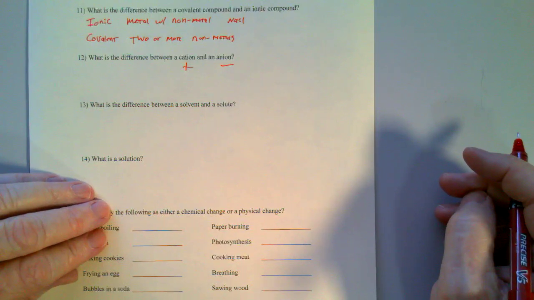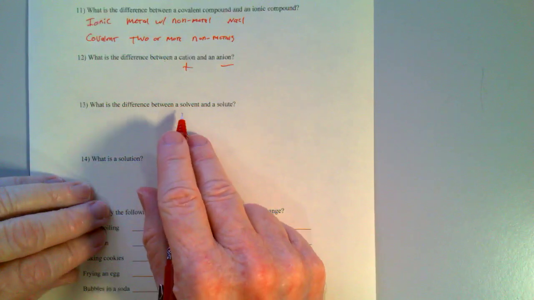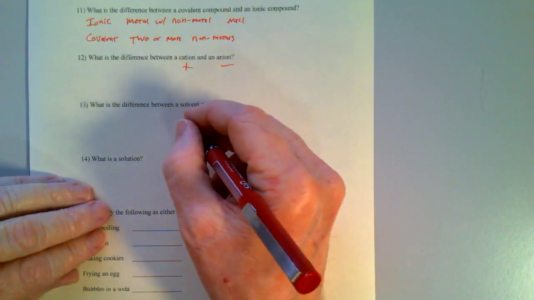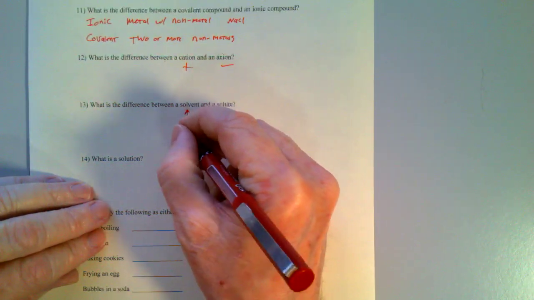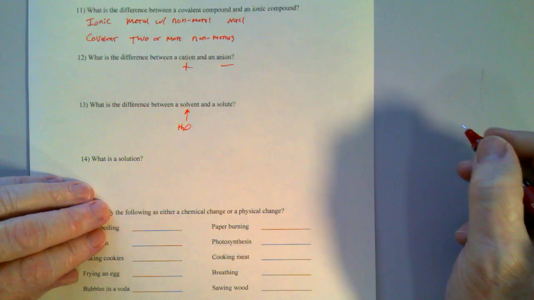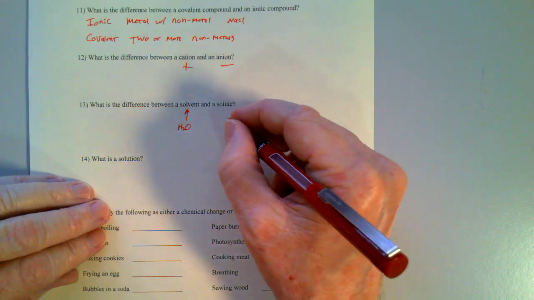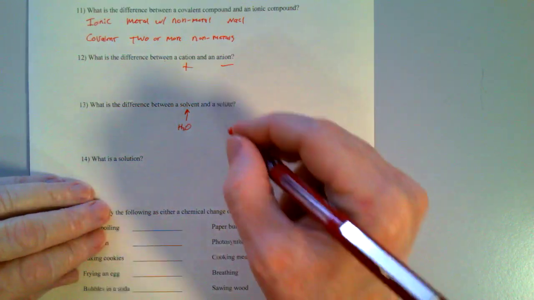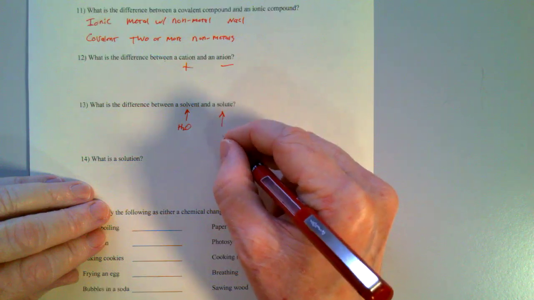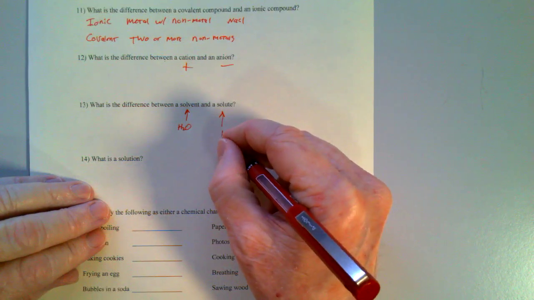When we're talking about solutions, we have solvent and we have solute. And almost always for us, we can just say that the solvent's going to be water. It's what is doing the dissolving, and the solute is what's being dissolved.